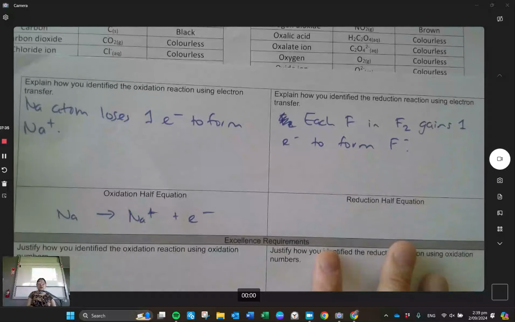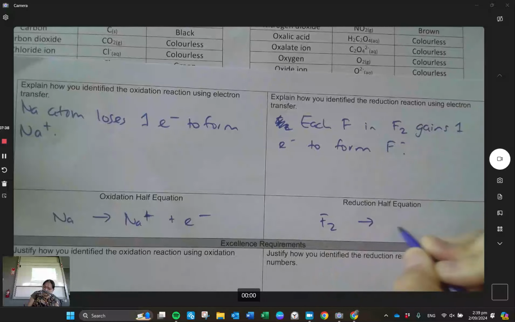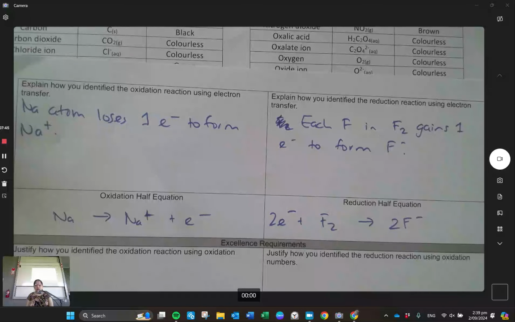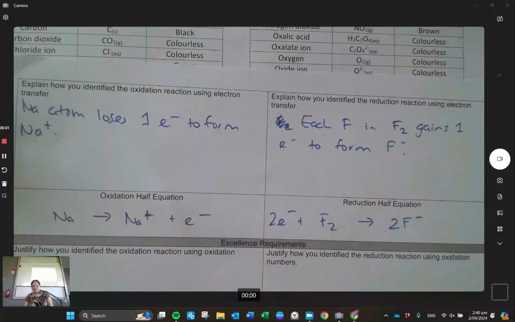The fluorine one, again, I was looking for F2, 2F minus, and then 2 electrons on that side. The errors that I saw happening were people forgot to put the 2 in front of the fluoride, or they were missing the other fluorine atom. In the equation, it wasn't balanced. You've got to check to make sure everyone's there. So just silly things like that. That was the main issue.